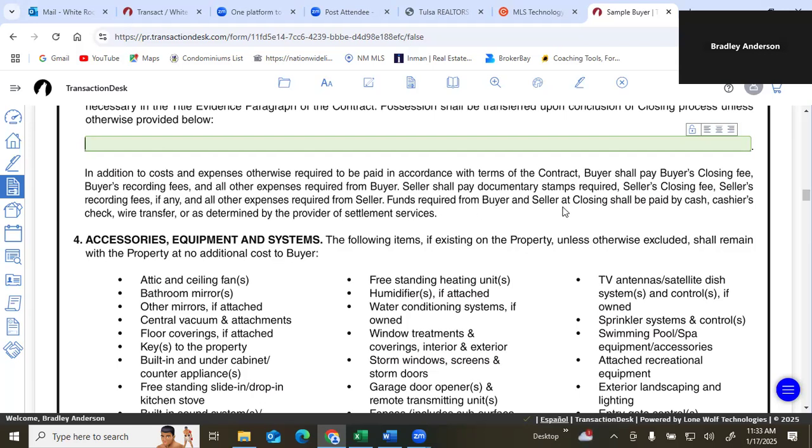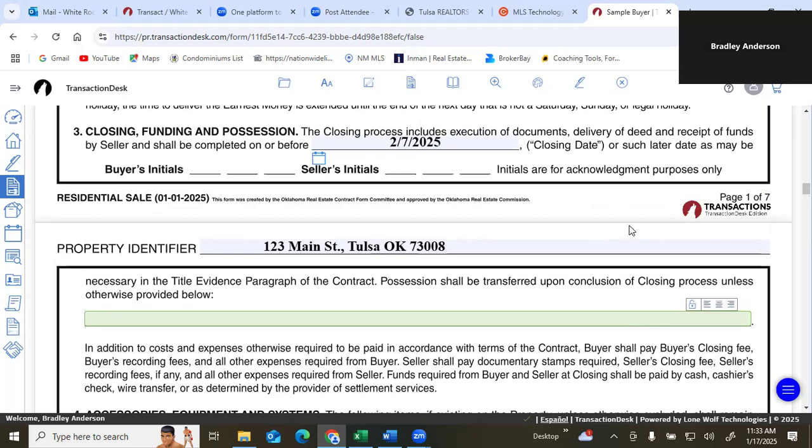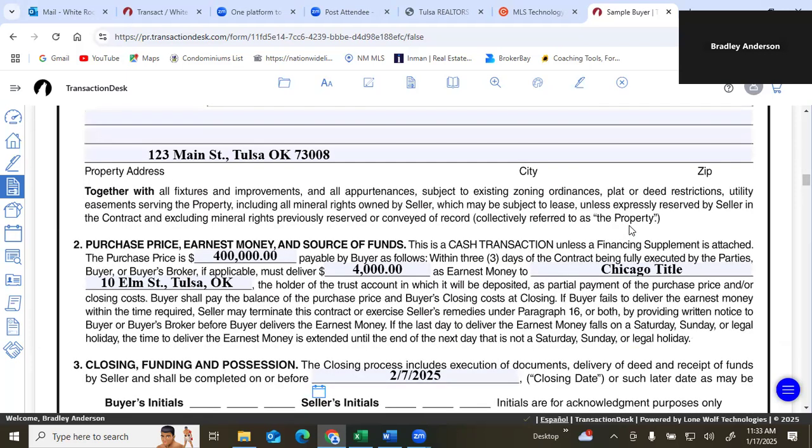Funds required from buyer and seller at closing shall be paid by cash, cashier's check, wire transfer, or as determined by the provider of settlement services. So this reminds me of another point. When we talked about earnest money delivery, yes, that could mean a physical delivery of a check to the title company, but you only have 3 days to do it. A lot of title companies allow you to wire the funds or get them to them somehow electronically.